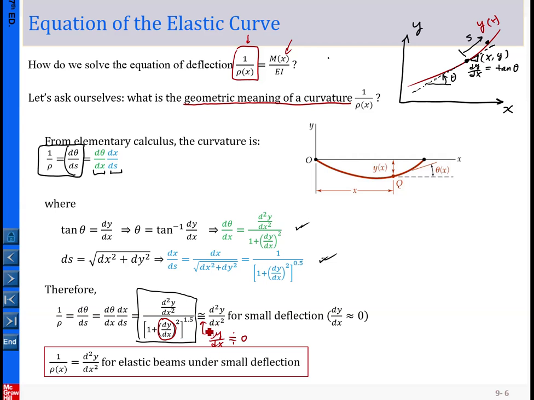It is a very good approximation, because the original curvature has such a complicated form, but with this approximation it becomes such an easy form. So keep in mind the approximation takes place when we assume this.